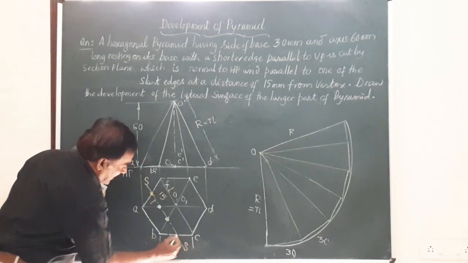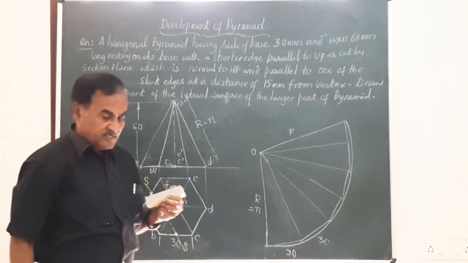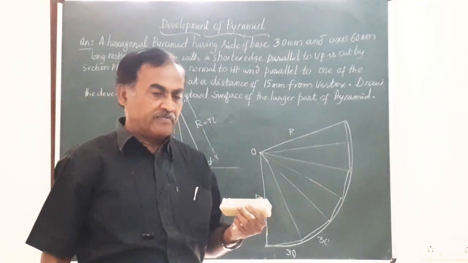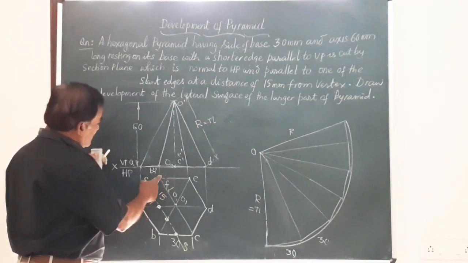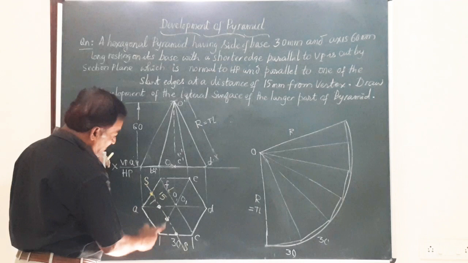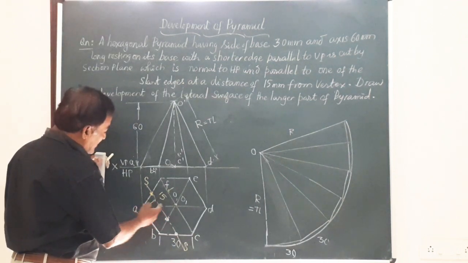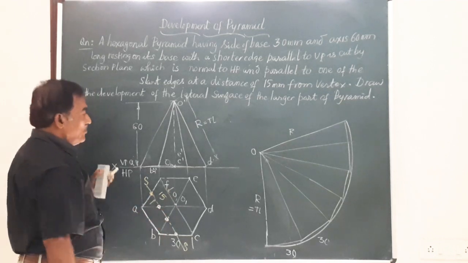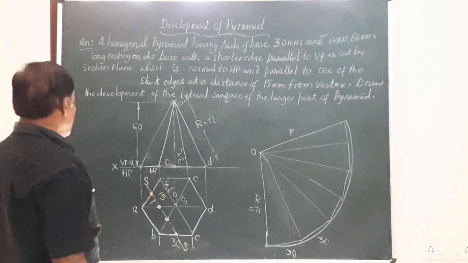Then the last base edge BC is cut here. Friends, the whole pyramid is cut only at 4 points: 2 points for the base edges AF and BC, and 2 points for the slant edges OA and OB. So in the development you are going to have 4 points.